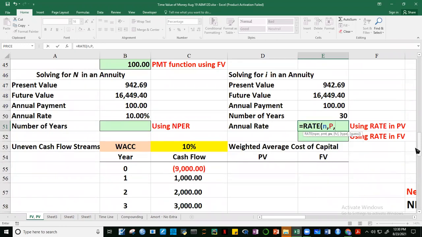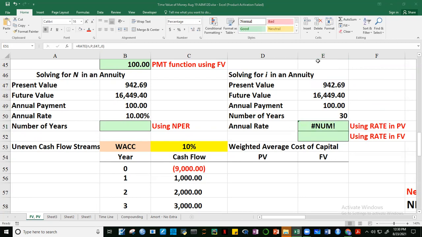Tapos, gamitin natin guys si present value. Ang present value natin is 942.69. Okay, so hindi natin gagamitin si future value. Yung type, ignore kasi ordinary naman to. Or if you want, ignore future value and then type 0 here. Kasi ordinary annuity to.